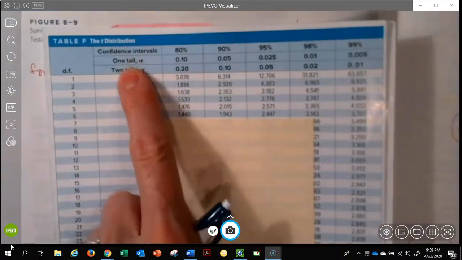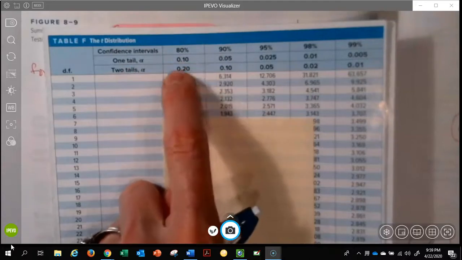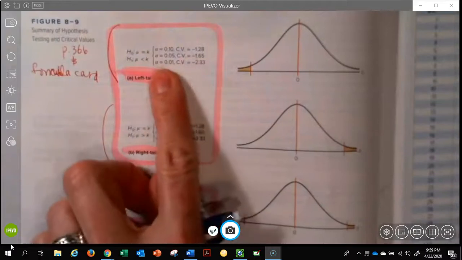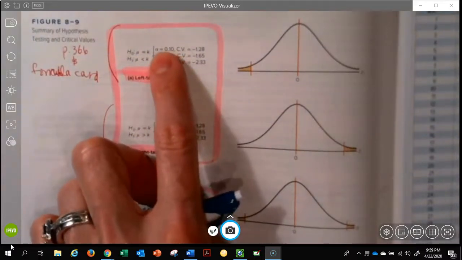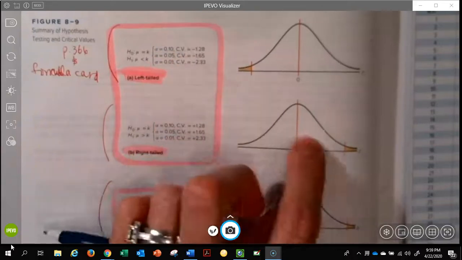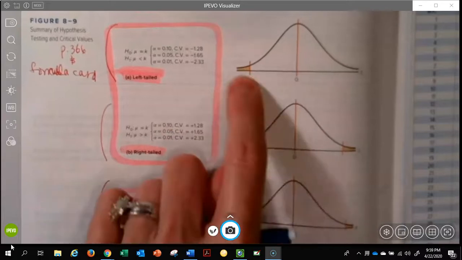Looking here, am I a one tail or two tail? Do I use it all? Do I cut it in half? What's going on? So keep in mind what they're looking at here is if we have our null hypothesis, and let's say we're looking at an alpha of 10 and it's a one tail.